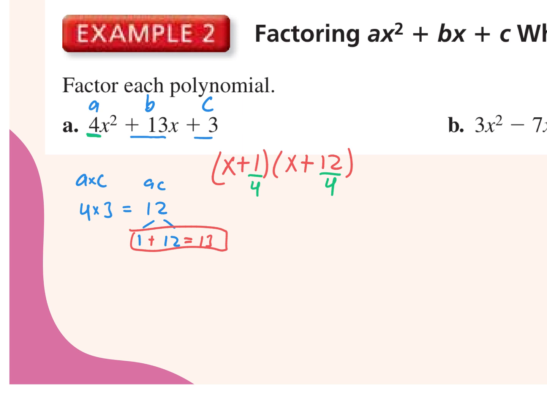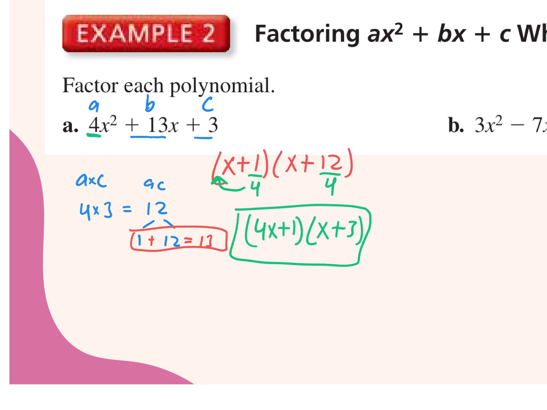If it divides, then you simplify it, and if it doesn't, then you slide that number out front. So x plus 1 divided by 4, I'm going to go ahead and slide that 4 up front. It's going to be 4x plus 1. And then x plus 12 divided by 4, 12 divided by 4 is 3. That does work out perfectly, so you don't need to slide anything there. And so this is your factored expression.